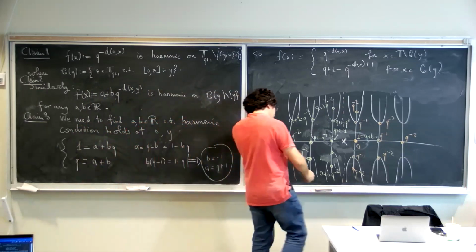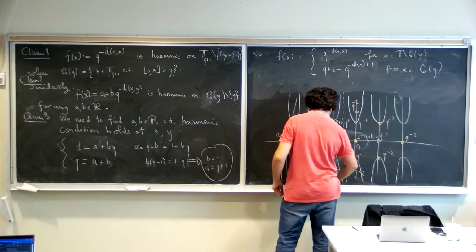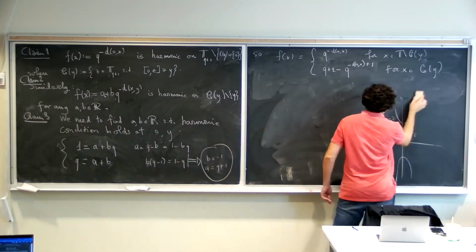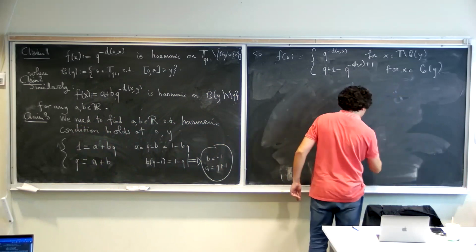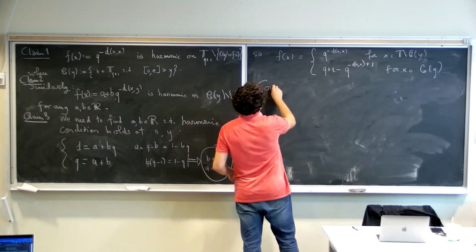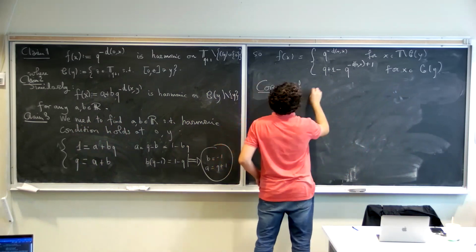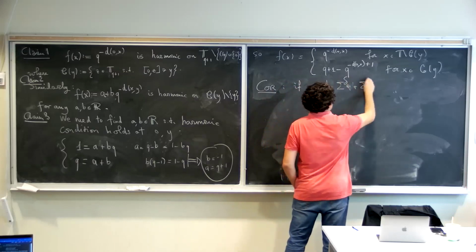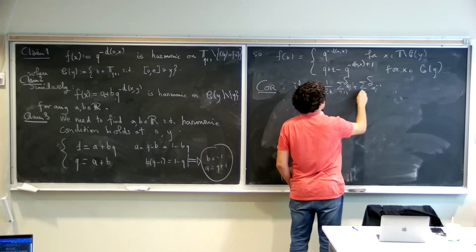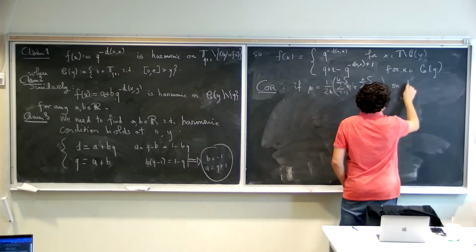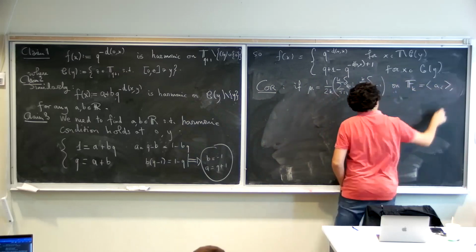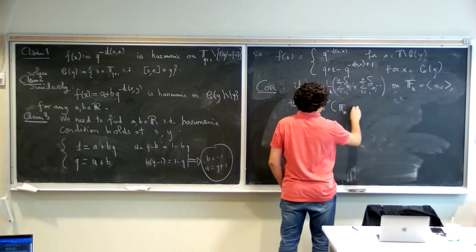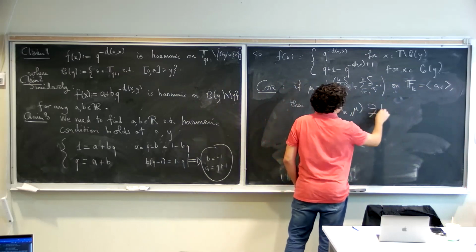In fact, as a corollary, we see that the space of bounded harmonic functions for the free group, for the standard generating set, is not just the constants. So the corollary is: if mu is the standard measure on the free group generated by the a_i, then the space of bounded harmonic functions is bigger than just R.